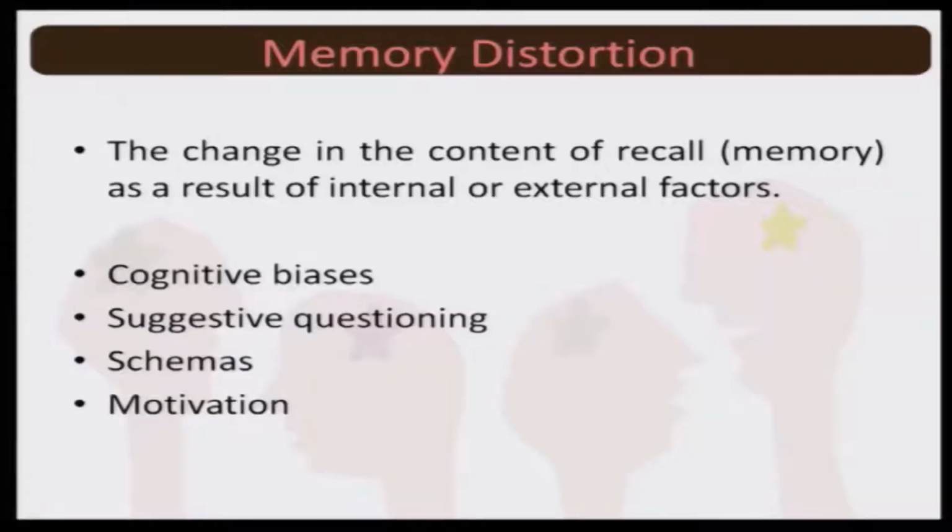Now, we come to what is called memory distortion. Remember, we are still not talking about forgetting. Forgetting will be our last lecture with respect to this topic on memory. Now, memory distortion basically is a change in the content of the recall as a result of internal or external factors. So, there could be cognitive bias.